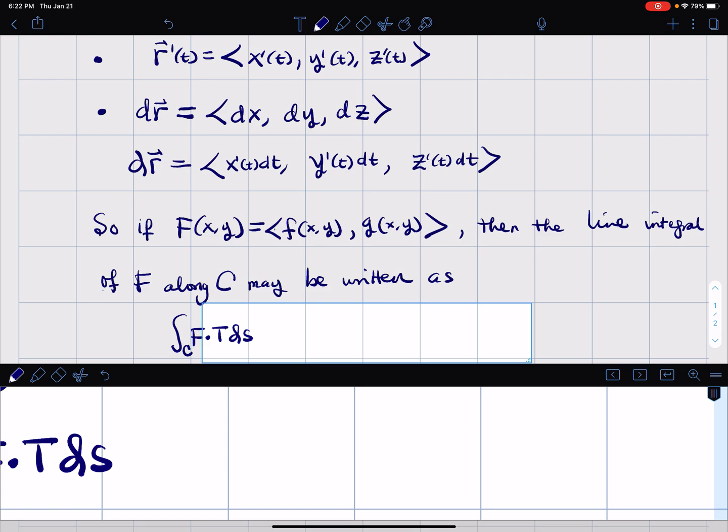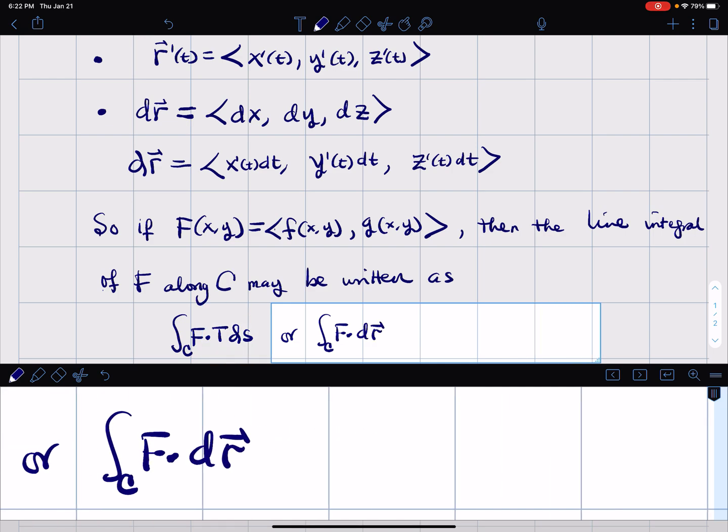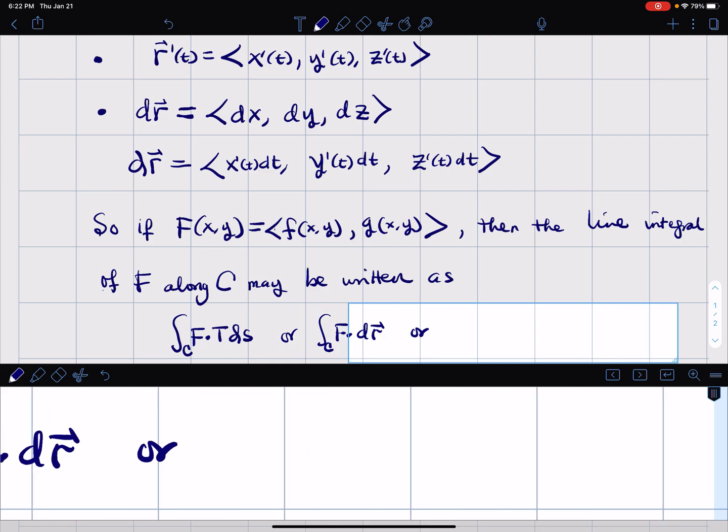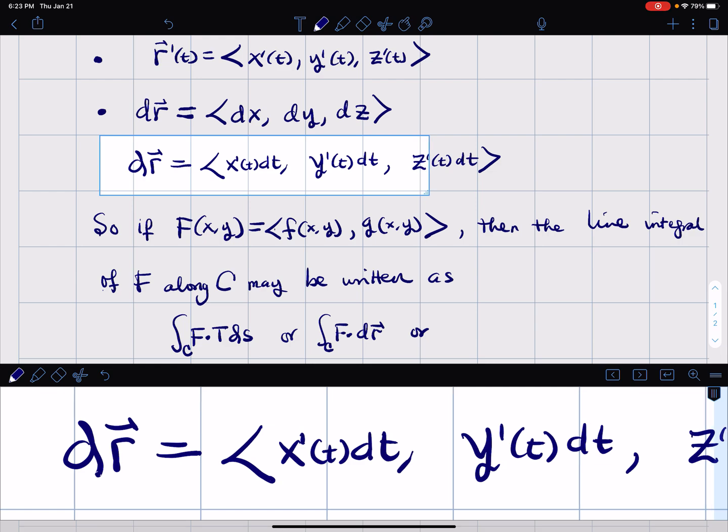We know this, we've used this notation, or F dot dr. We've used this notation before. Now we also have the dr notation, right?